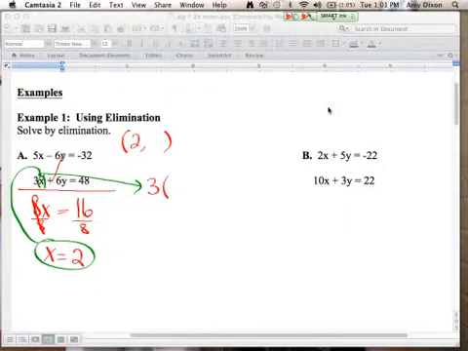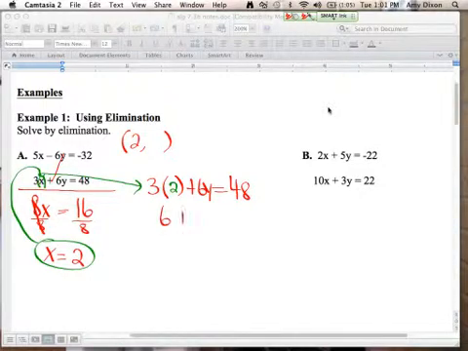So 3 times x. What was x? x was 2. So we're replacing x with 2, plus 6y equals 48. Now we solve this equation. 3 times 2 gives us what? 6.